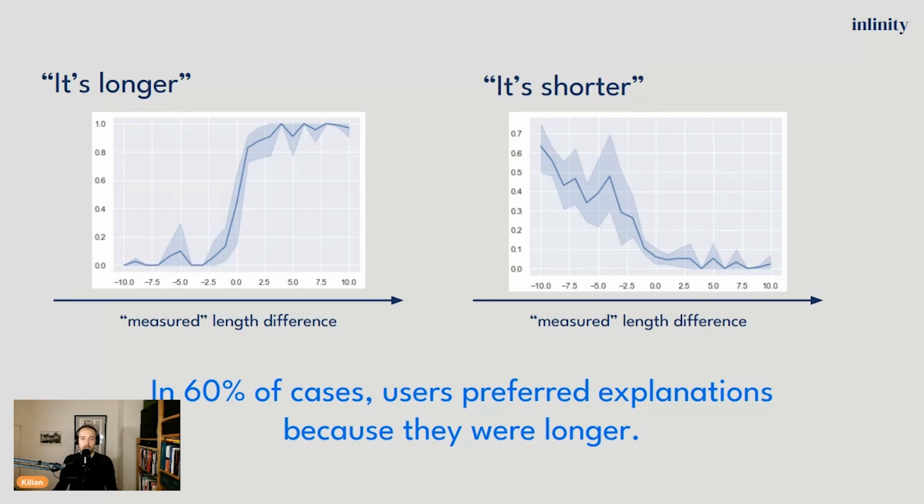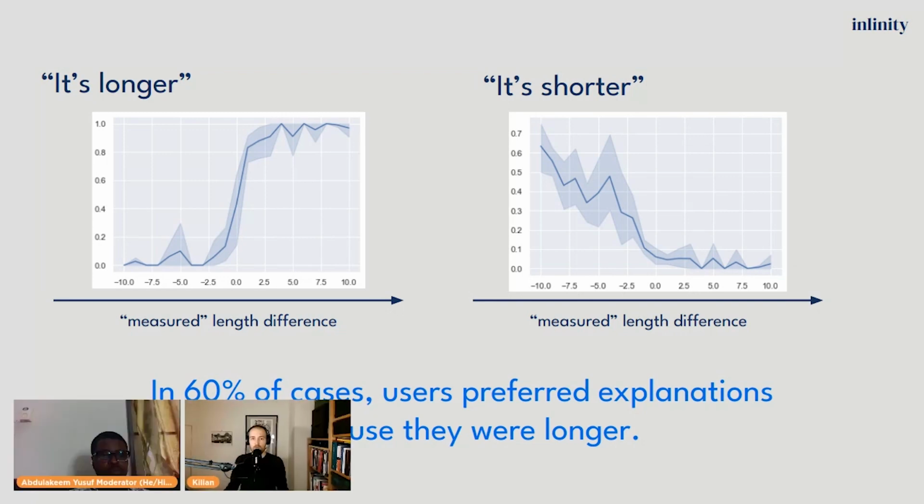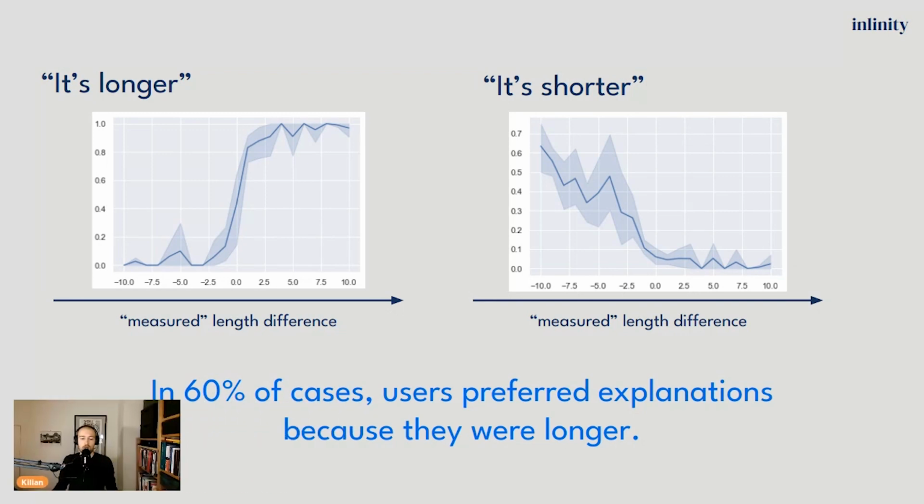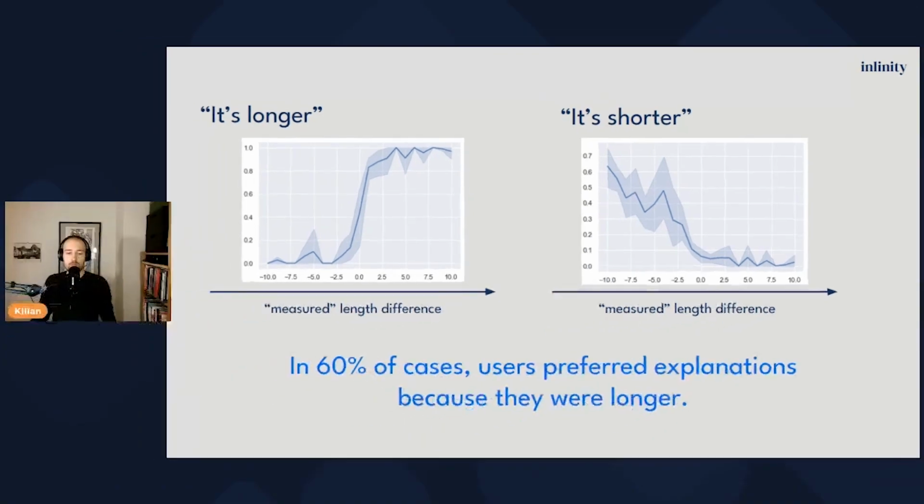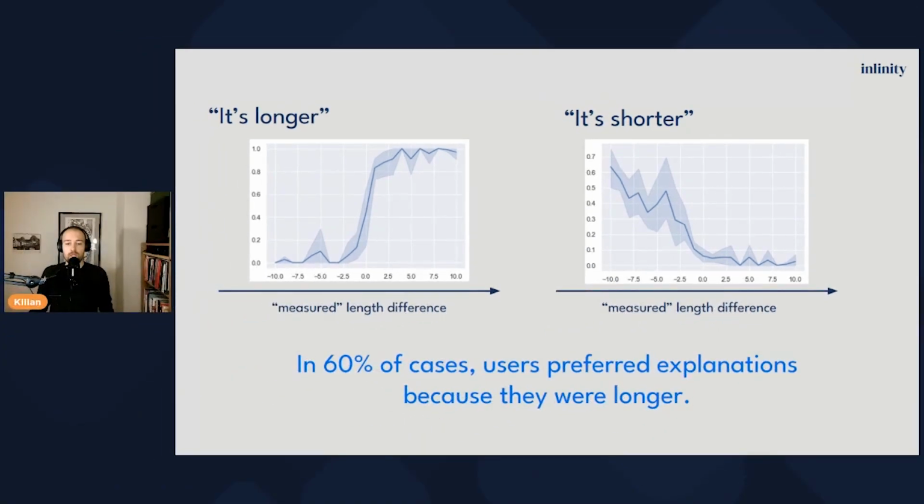That's a standard experiment setup in explainable AI. And we also had some way to measure the length. So we used essentially the number of input features that an explanation invoked in order to explain the outcome. And then we asked them to pick one of the two, and we also asked them whether the explanation is longer or shorter.